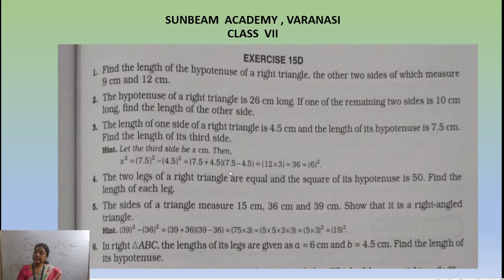We can consider the Pythagoras theorem, because in a right angle triangle the Pythagoras theorem is always satisfied. If it is a right angle triangle, then it will satisfy the Pythagoras theorem.